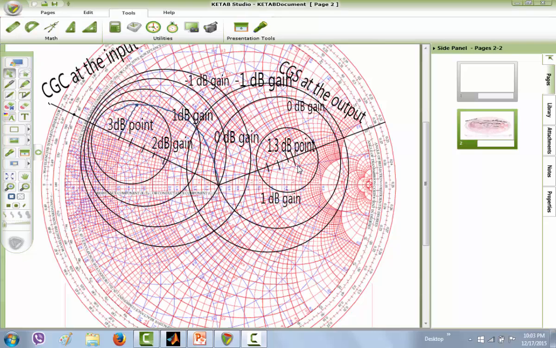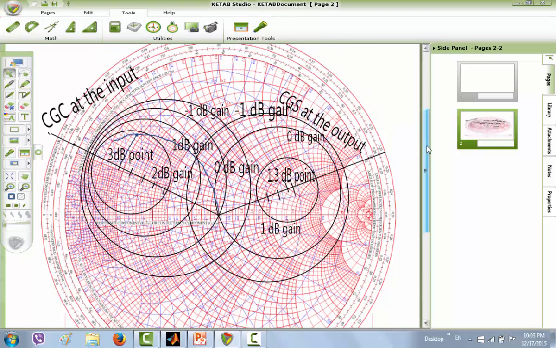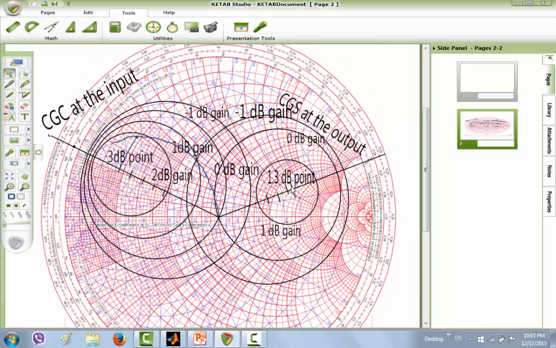ZA equals 3.1 plus j1.19, and the admittance value is 0.33 minus j0.17.